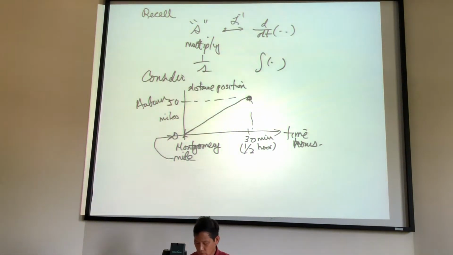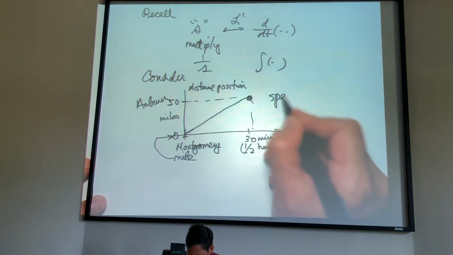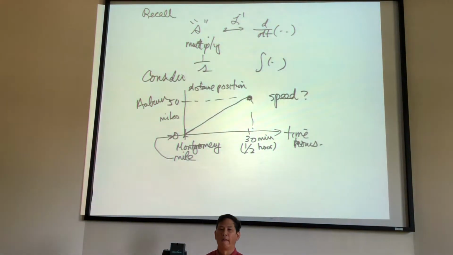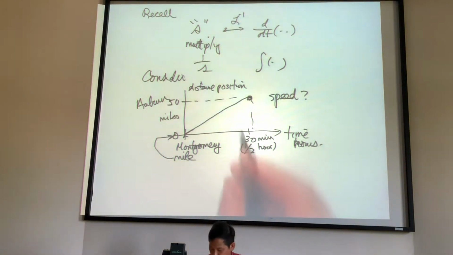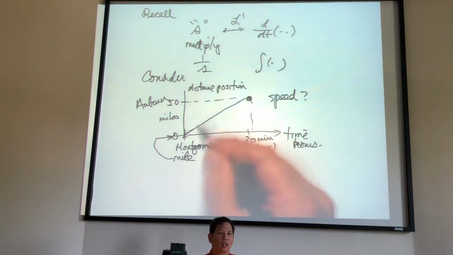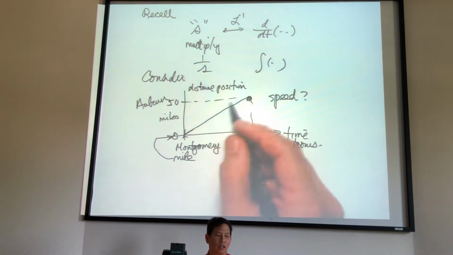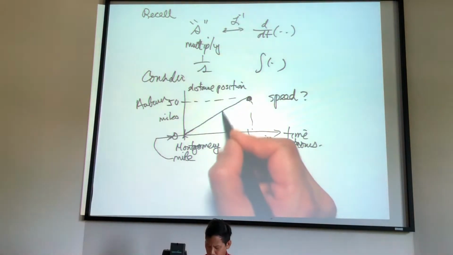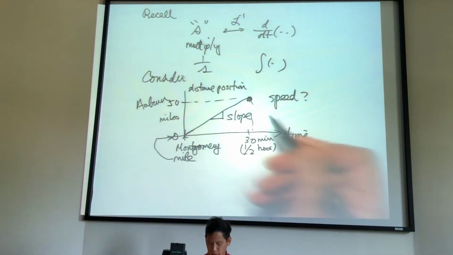All right. What is my speed? How would I get speed from a graph like this? Mathematically, what is it? Slope. I need the slope, right?